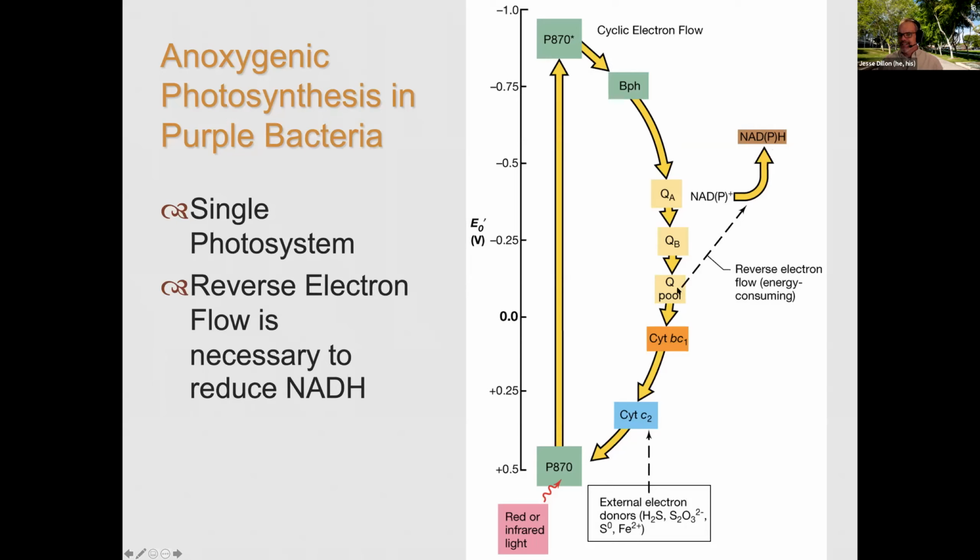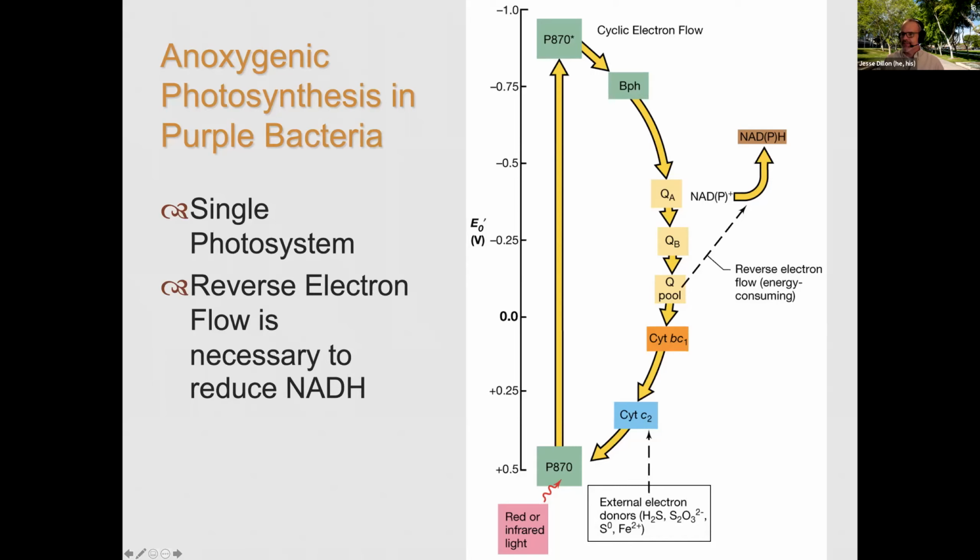If you want to take the electron and stick it onto NAD or NADP, you need to spend a little bit of ATP to do that in this kind of organism, okay? So these are the purple bacteria. They've got to spend money to make money, so to speak. But guess what? If you're photosynthetic, you've got ATP, right? So that's not really a problem, okay?